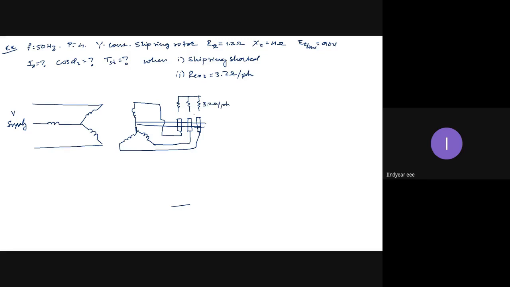In the second case, suppose I have a two-way switch here. If I connect this switch on the slip ring side, it will make the rotor short circuited without adding the external resistance to the circuit. If I keep the switch on the opposite side, then these 3 resistances will be connected to the rotor, and these 3 resistances will be added in the rotor winding.